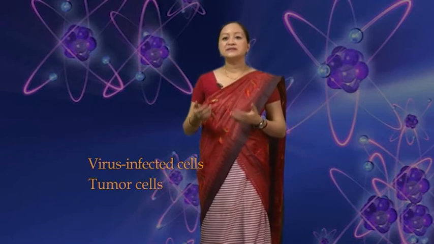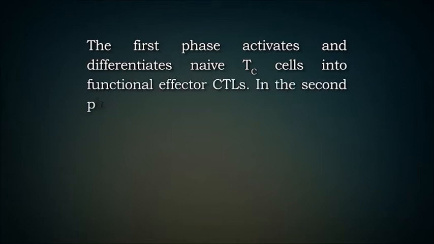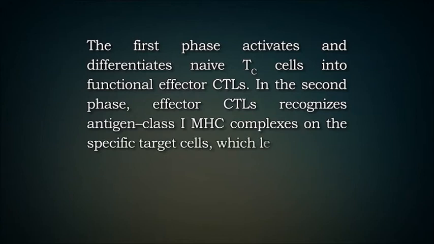The CTL-mediated immune response can be divided into two phases. The first phase activates and differentiates naive TC cells into functional effector CTLs. In the second phase, effector CTLs recognize antigen-class I MHC complexes on the specific target cells, which leads them to destroy the target cells.